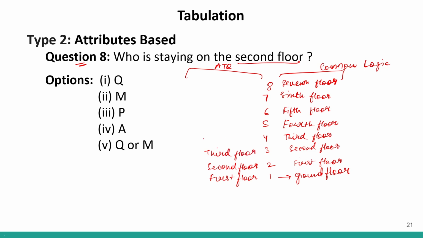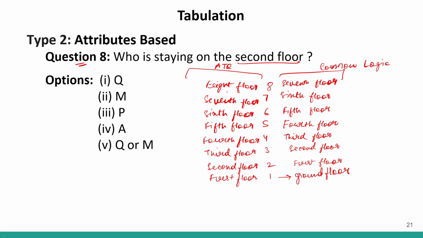Correct? 4 will be your fourth floor. 5 will be your fifth floor. 6 will be your sixth floor. 7 will be your seventh floor. And 8 will be your eighth floor. So this is based on the question. Whenever you're answering questions, you have to look at this logic. This is your common logic, but according to the question, 1 is your first floor.